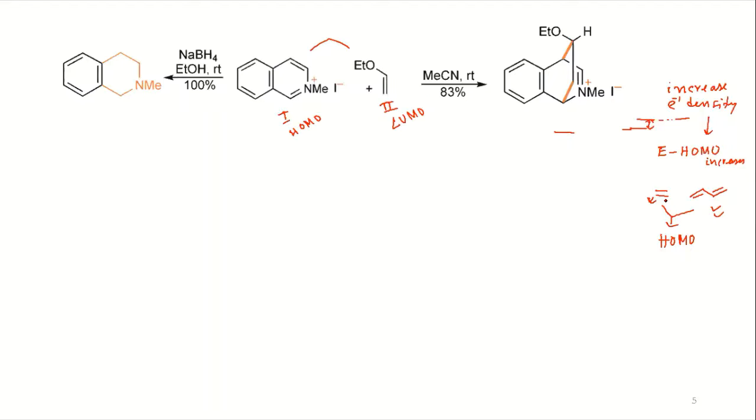Okay. Now, if you consider these two, this one and this one, this is a butadiene system, so that one's HOMO energy will be higher than this one's HOMO, right?